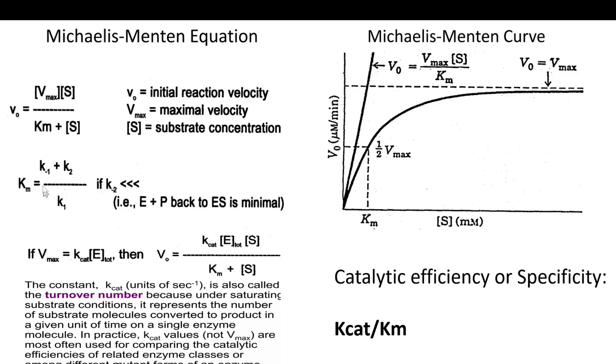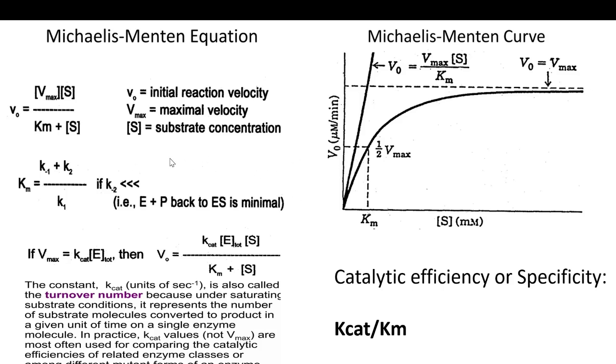That is, at half of the maximum velocity, the concentration of the substrate is defined by Km. In terms of kinetic parameters, Km equals K minus 1 plus K2 divided by K1. Enzyme plus substrate gives the enzyme substrate complex, which ultimately gives the product.